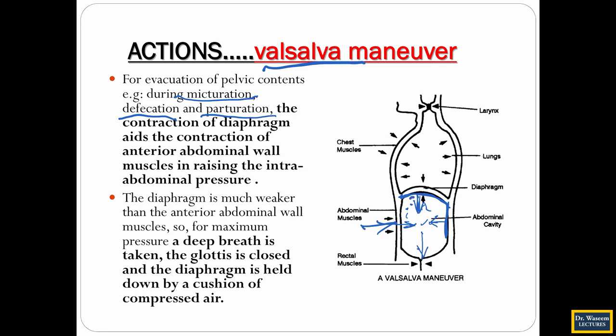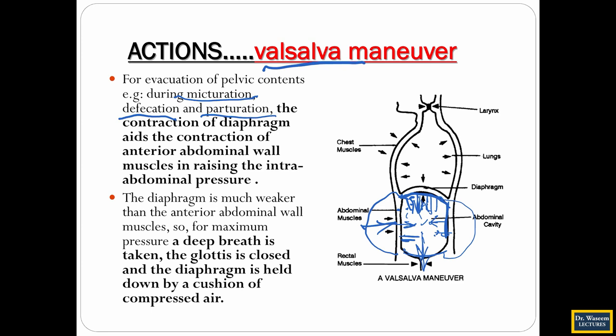When you are maintaining the intra-abdominal pressure, it should be shifted downward. It will not expand behind, and you are contracting this muscle, so it will not expand anteriorly. This diaphragm you have already contracted, so it will not be pushed up.